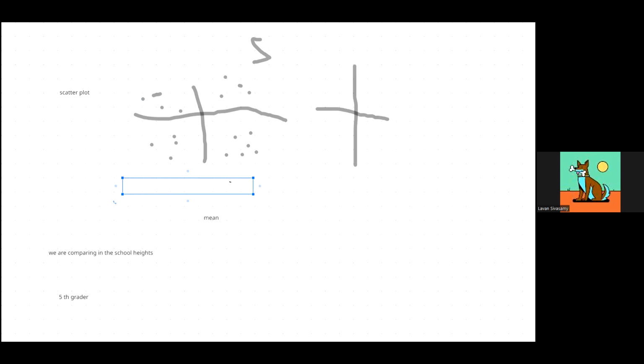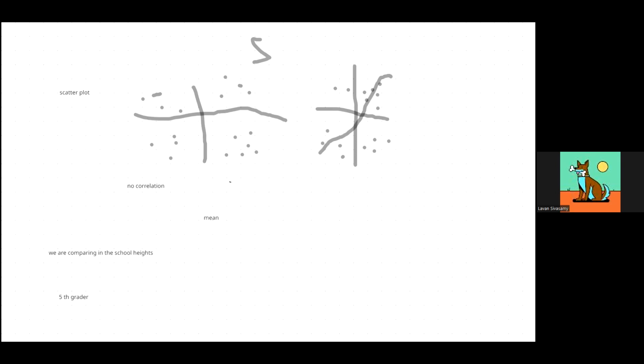But if the dots were like this, that would be a positive correlation. A positive correlation means that as the x value gets bigger, so does the y value.